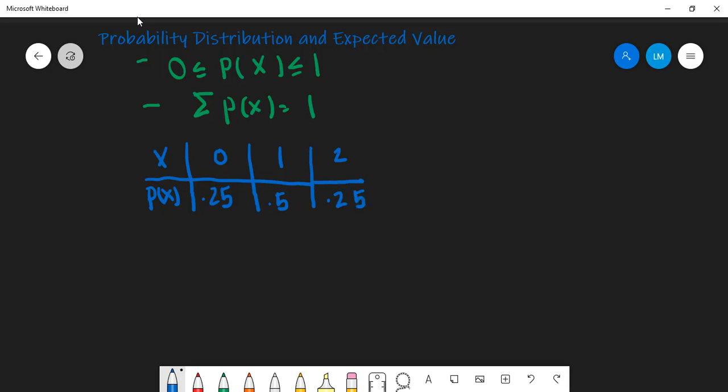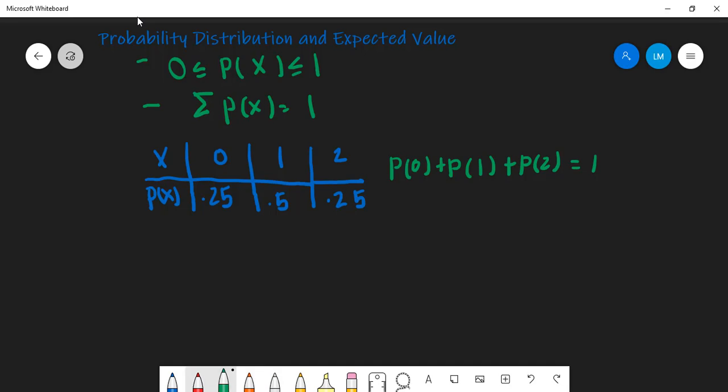Then this definitely does represent a probability distribution, because if I add up the probability of 0 plus the probability of 1 plus the probability of 2, this would in fact equal 1.